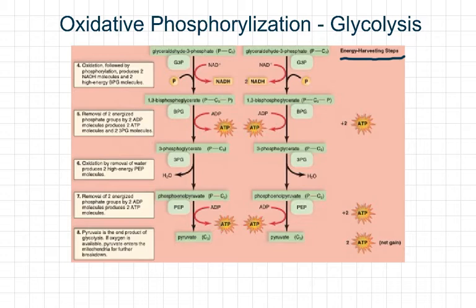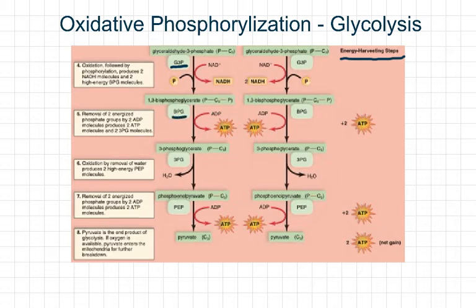During the initial steps of the second half of glycolysis, aldolase converts the fructose 1,6-bisphosphate into the molecule glyceraldehyde 3-phosphate, or G3P for short. And then from there, G3P is converted into 1,3-bisphosphoglycerate, or BPG.